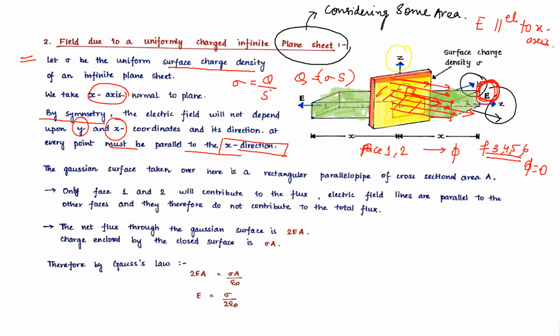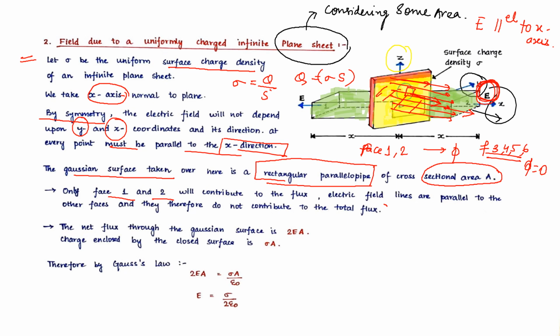The Gaussian surface taken here is a rectangular parallelepiped. Parallelepiped implies something which looks rectangular, kind of a parallelogram, but forms a pipe. You can imagine a pipe having a rectangular shape of cross-sectional area A. Only face 1 and face 2 will contribute to the flux.